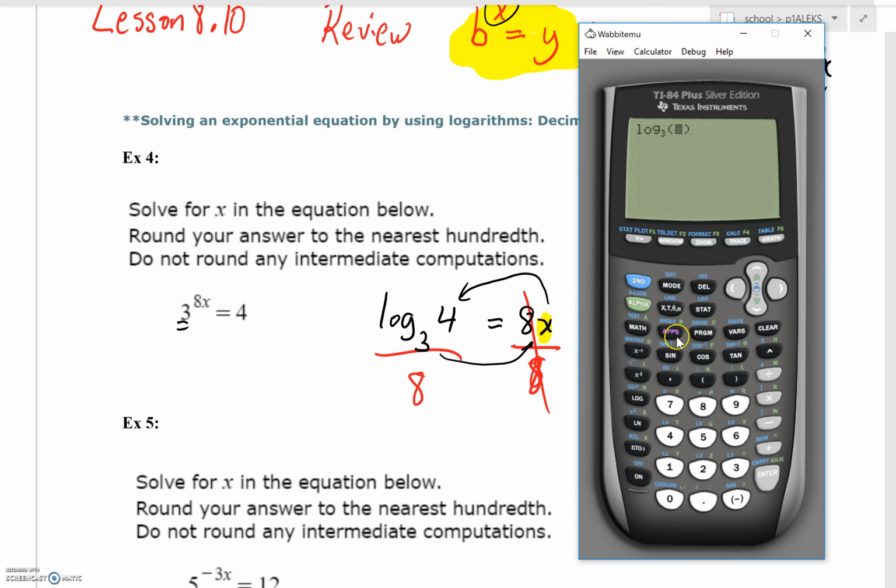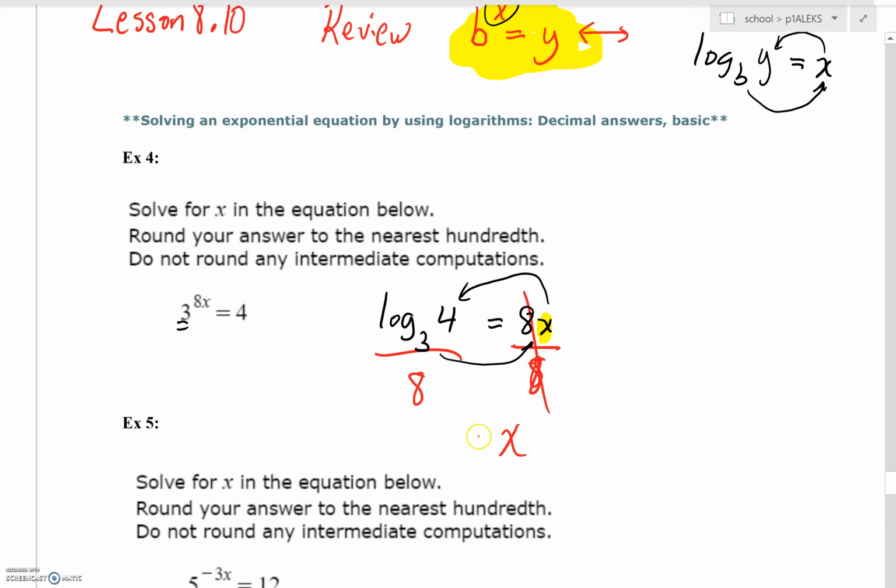This is the log base 3 of 4. That's really what we're going to have here. And then we want to divide by 8. I could make a fraction with the alpha y equals if I wanted to. There's honestly no need to do that. You can see we will go to the nearest hundredth, 0.15, but when you look to the right, we're going to have to bump that up to 0.16. And then we're done.